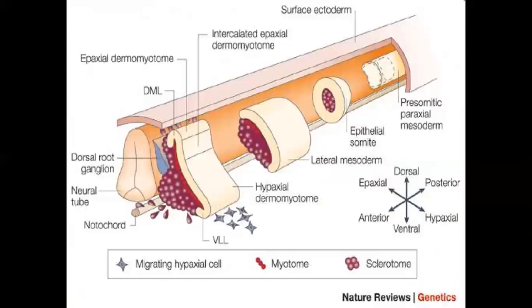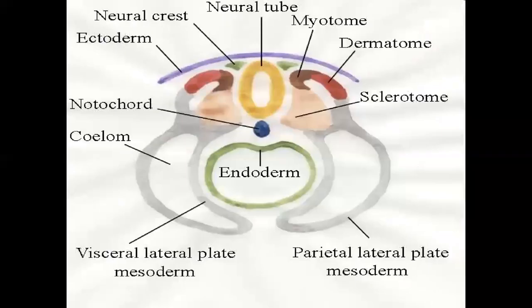Here you can see the initial stage, in this cuboid structure we have a space, this white area. So here we have the dermatome, the myotome, and internally the sclerotome.